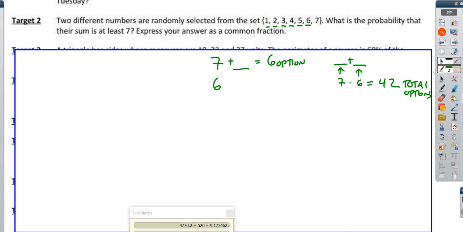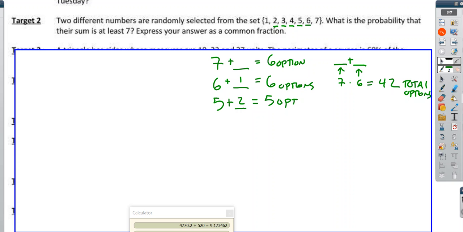What about if the first number is a 6? The same thing happens because 6 plus 1, the smallest number, still is 7. So that gave me 6 options as well. What happens if I start with the 5? If I start with the 5, I cannot have the 1, but I can have the 2. Because 2 is the smallest number I could use, that would give me 5 options.